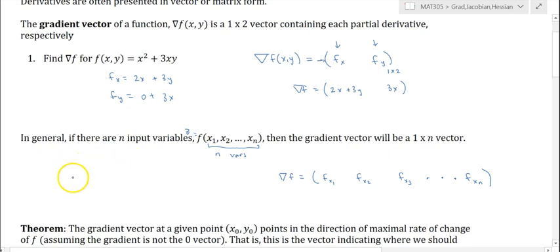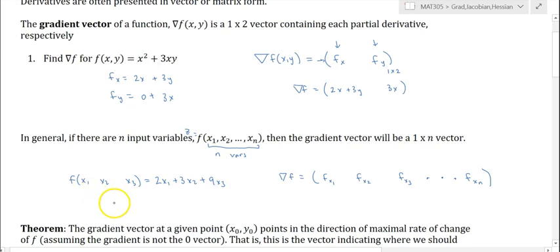Just as a quick example, let's say we had f of x1, x2, x3. And let's just say the function was relatively simple, a linear one. We had 2x1 plus 3x2 plus 9x3.